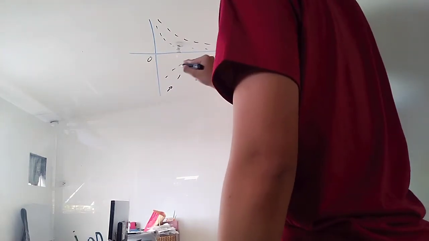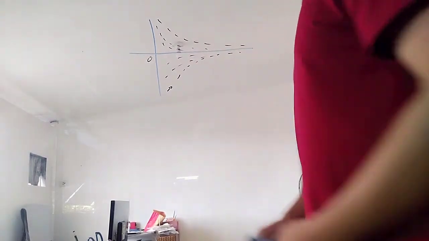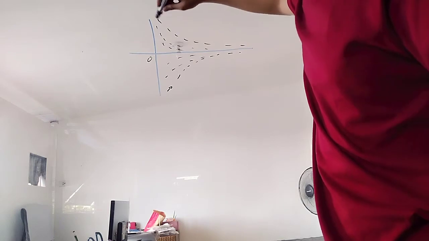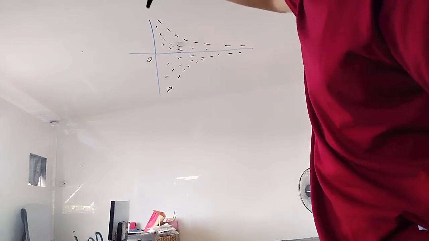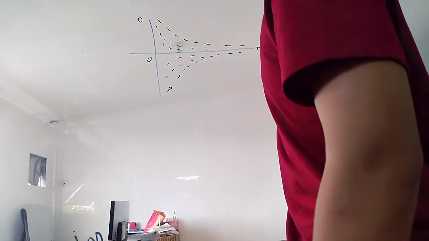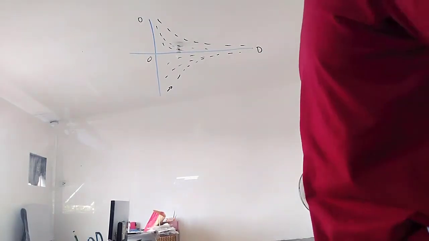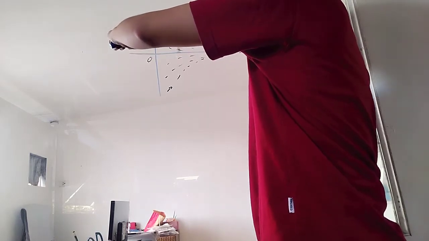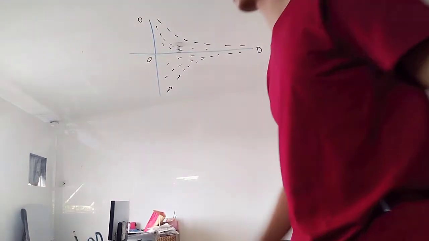Okay, let's add a little bit more vectors here. Okay, so suppose we have a person that's over here. Let's say that this is O cross D. Okay, O, and then this is D. O cross D. So we have an orientation over here. No, appearance.